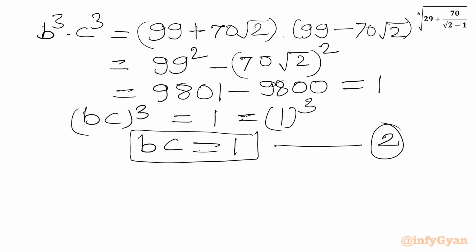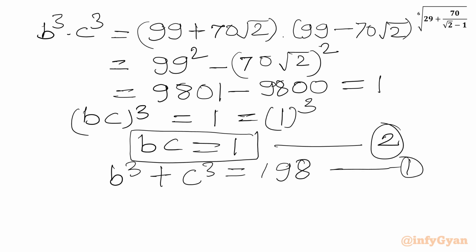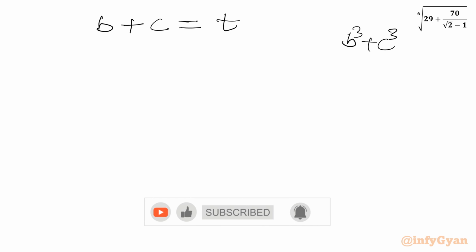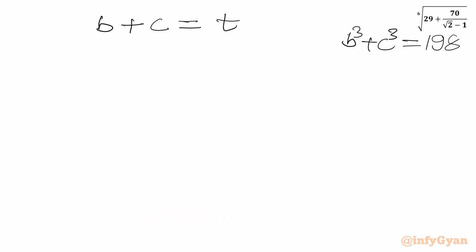So our first equation was B cube plus C cube equal to 198. Now I will consider B plus C equal to t. Now I will consider cubing both sides. First equation was B cube plus C cube equal to 198.